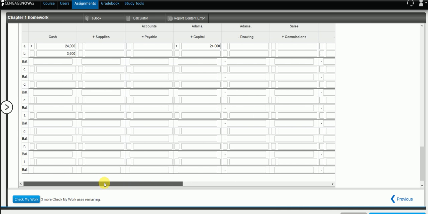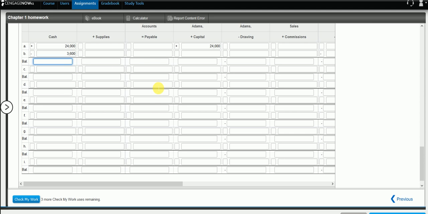Okay. So again, the accounting equation always has to balance. So we have a minus 3,600 over here. You've got to have a minus 3,600 on the right side of this equation also. All right, now what we need to do after that is rebalance. They want you to rebalance your account totals after each new transaction.